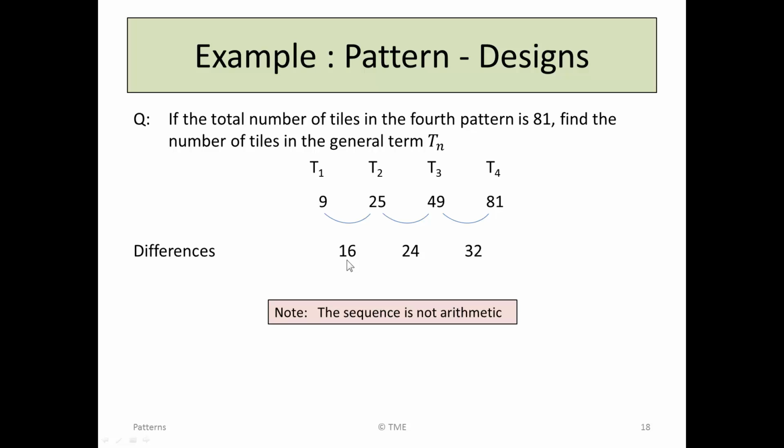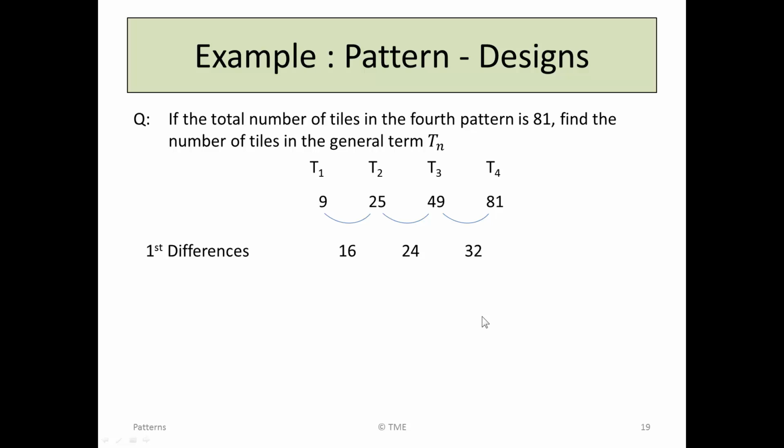If we look at the differences here, we can see that the first difference is 16, the second difference is 24, and the third difference is 32. And that suggests that this sequence is not arithmetic. So another way of looking at that is that really we might consider these differences as the first set of differences.